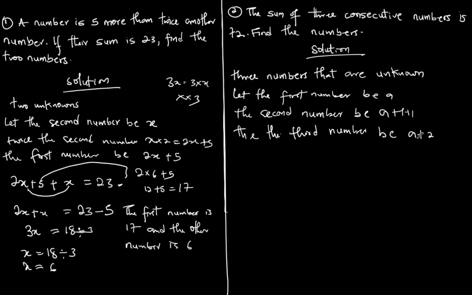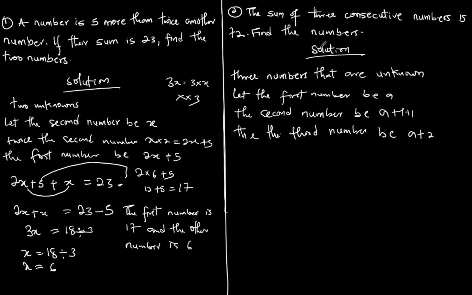So anytime you hear consecutive numbers, even if it is 7, just know that the next number is just 1 more than the other. But since we're told that it is the sum of just 3 consecutive numbers, the only number that we need to represent with an alphabet is the first, because it is only the first number that we really don't know.